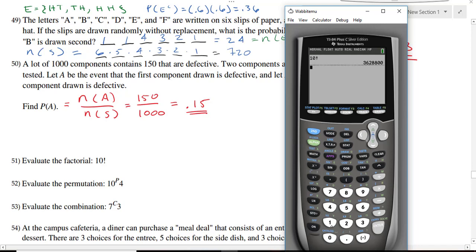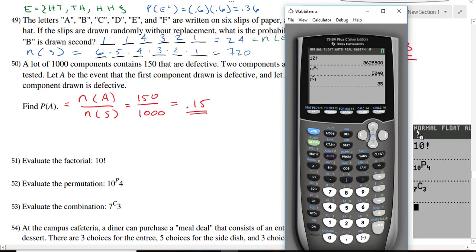To do the permutation, we have to put the 10 on our home screen first, then we hit math, go over to probability, permutation is number 2, and we want to select 4, hit enter. To do the combination for number 53, we would do 7, hit math, go over to probability, number 3 is combination, and we're choosing 3, we hit enter, and these are our answers for these 3 problems.